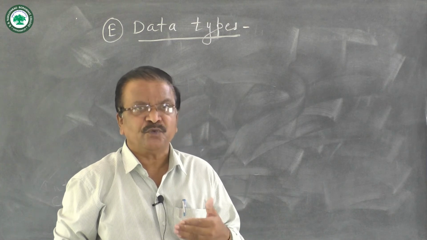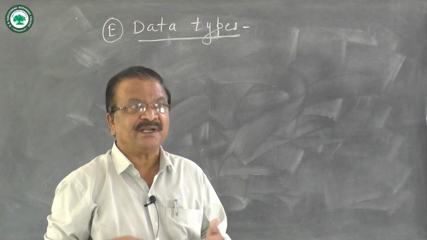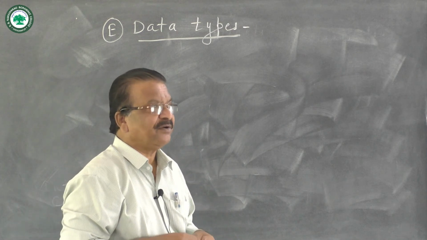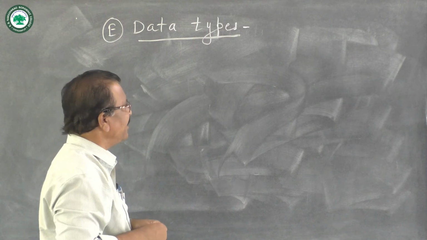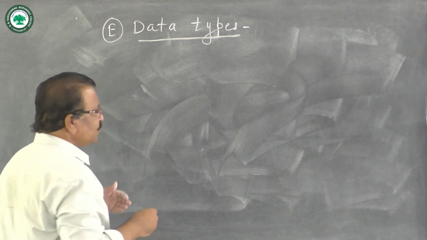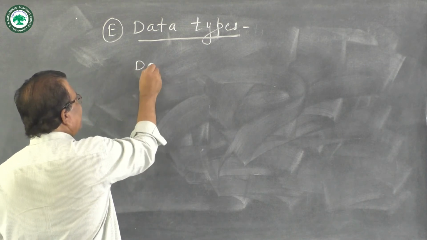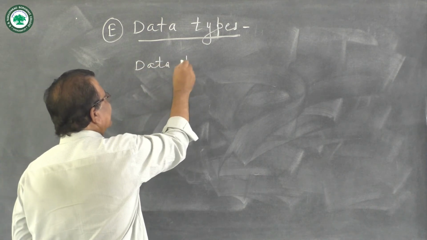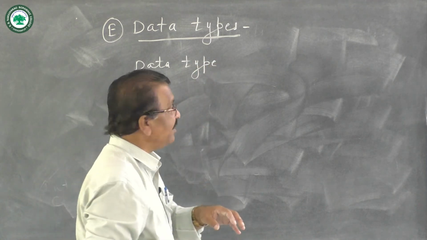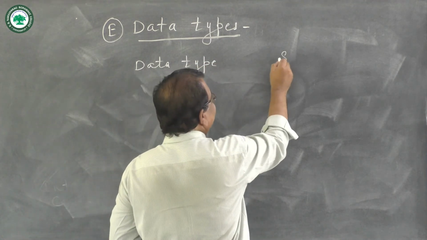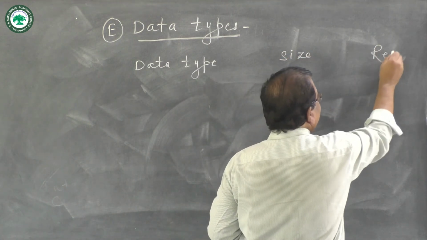C supports 4 basic data types which are stored differently in the memory of a computer. So let us see these 4 basic data types. So we have here data type, then, as they are stored differently in the memory of a computer, we will write size here and then remark.